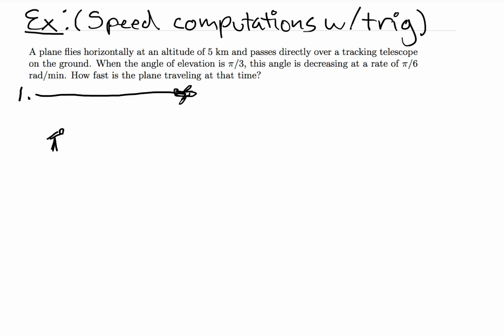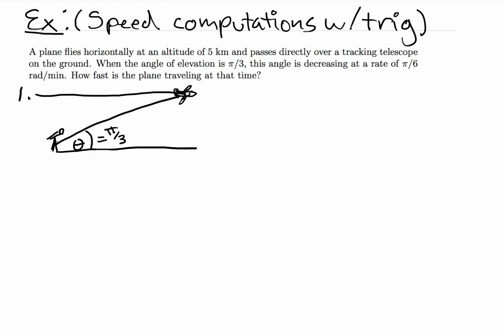Now, an angle of elevation is, if you're tracking something that is not straight above you, going to specify how far we are off from the horizontal. So when that angle is pi over 3, that's when they're giving us information about the situation.